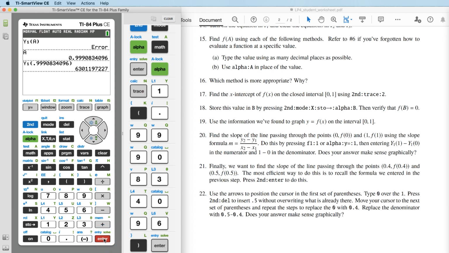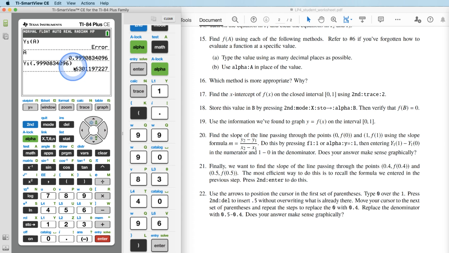So it's really important sometimes to be able to store values without rounding them. If you just type in the value, even as many as 10 decimal places, that's going to give you unreliable results because this does not indicate that there's a vertical asymptote. Although you might say, well, that is such a big number, it looks like it's approaching infinity. You still might be able to make that conclusion that there's an asymptote there.